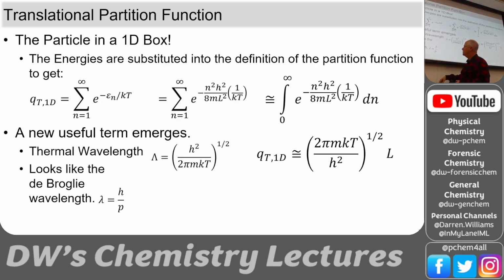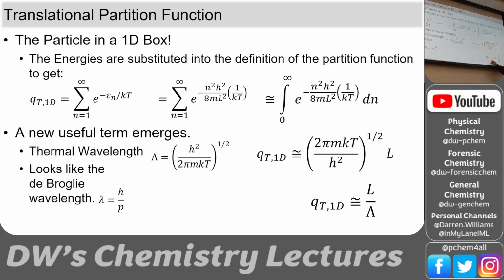You see h here, h squared to the 1/2 power, and this momentum-like term, so they call this the thermal wavelength, and it has units of length. What we're doing is comparing the length of the box to the thermal wavelength, which could be large or small depending upon temperature and so on, but that's an estimate for the partition function.